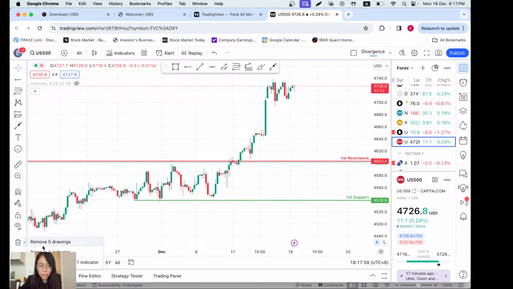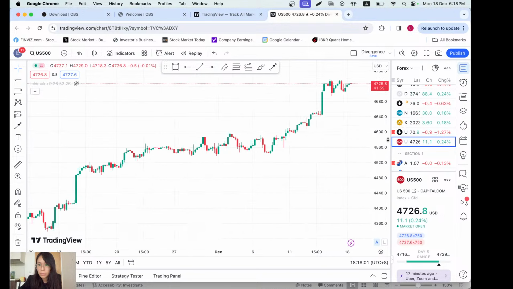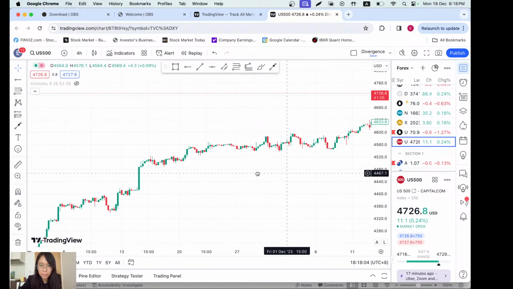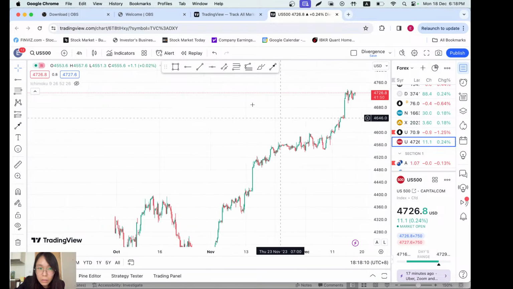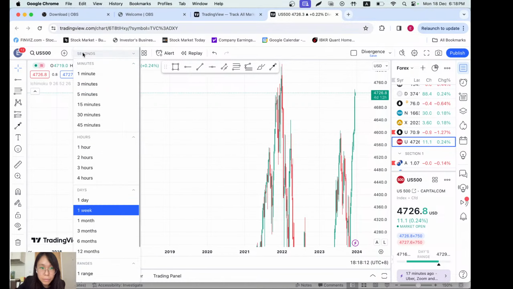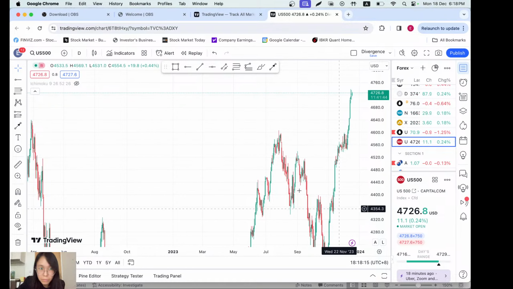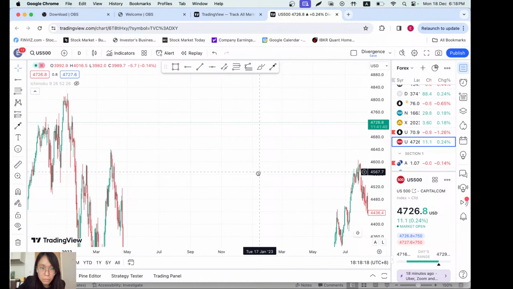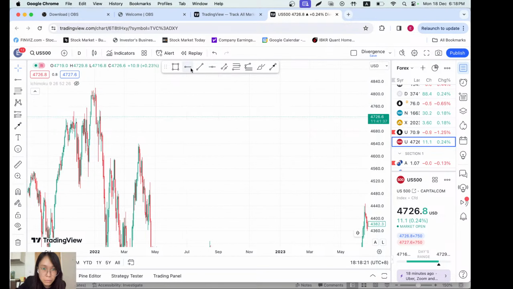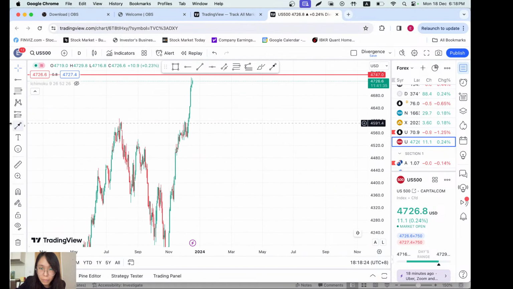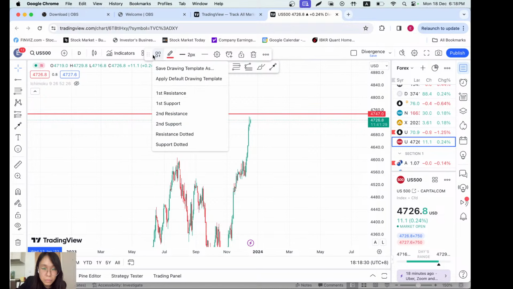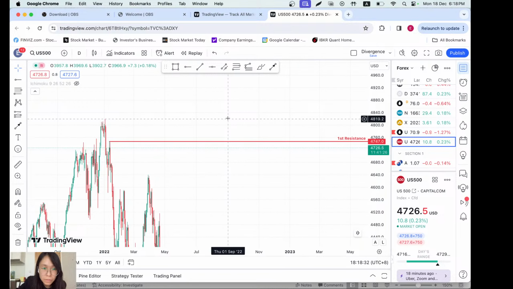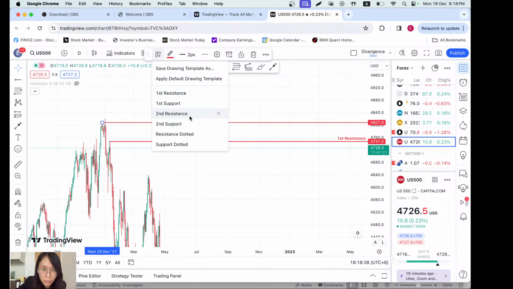Next up we can look at US 500, which is at the all-time high, right below the resistance line. This will be my second, for a swing high, multi-swing high.